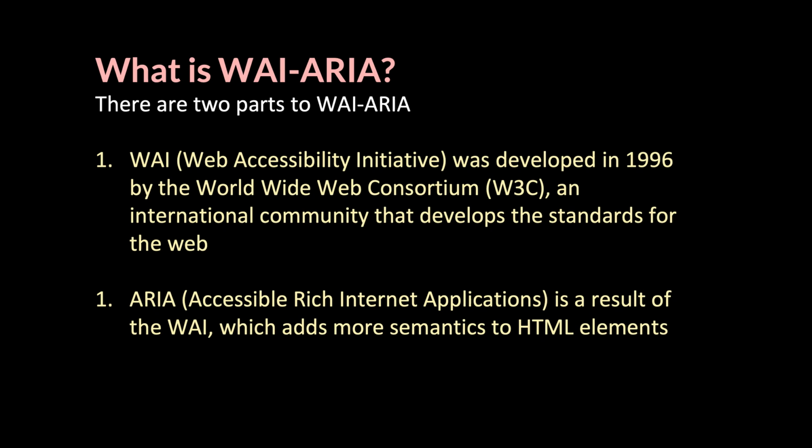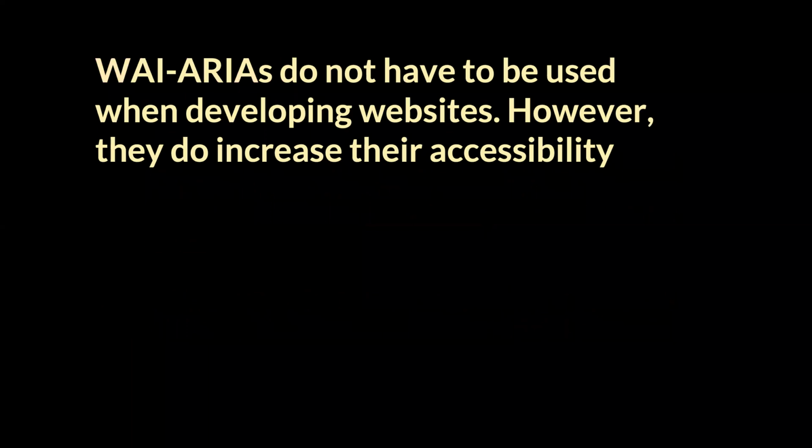The second part is ARIA, which stands for Accessible Rich Internet Applications. It is a result of the WAI, which adds more semantics to HTML elements. WAI ARIAs do not have to be used when developing websites. However, they do increase their accessibility.